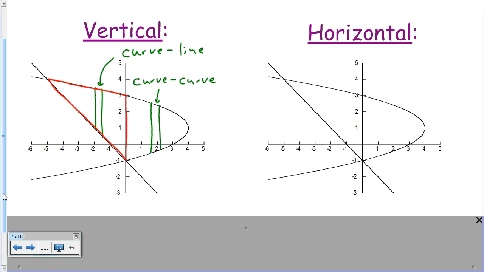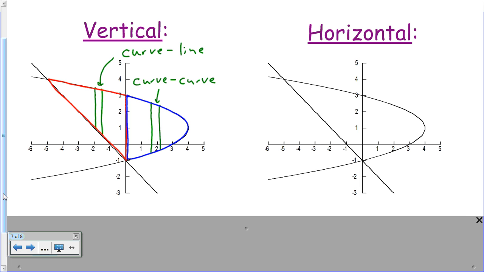And then I would have to consider this region over here on the right and calculate its area using the curve on the top and the curve on the bottom for the height of each one of those strips. And then, of course, when I add those two regions together, I would get the area of the entire region between the two curves that I have here.